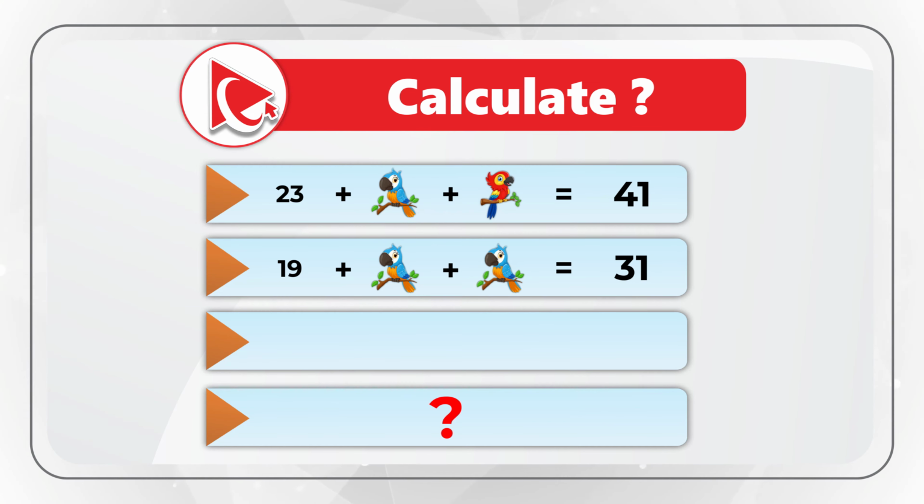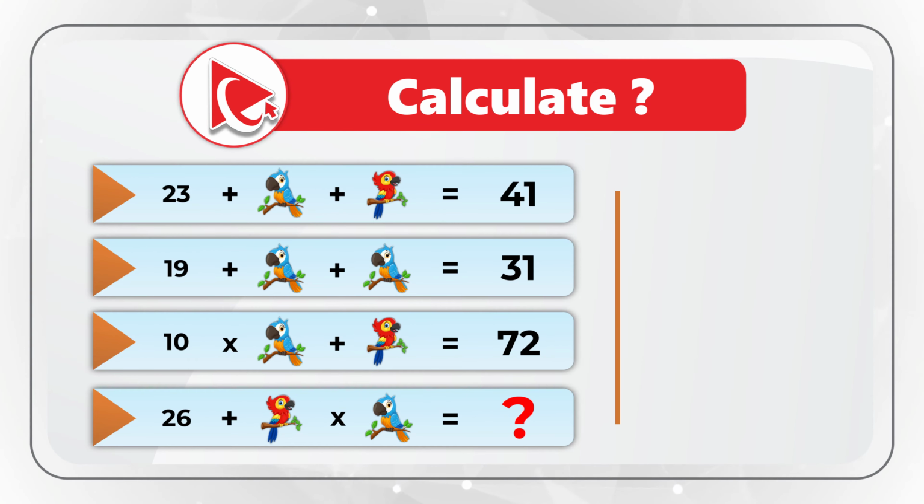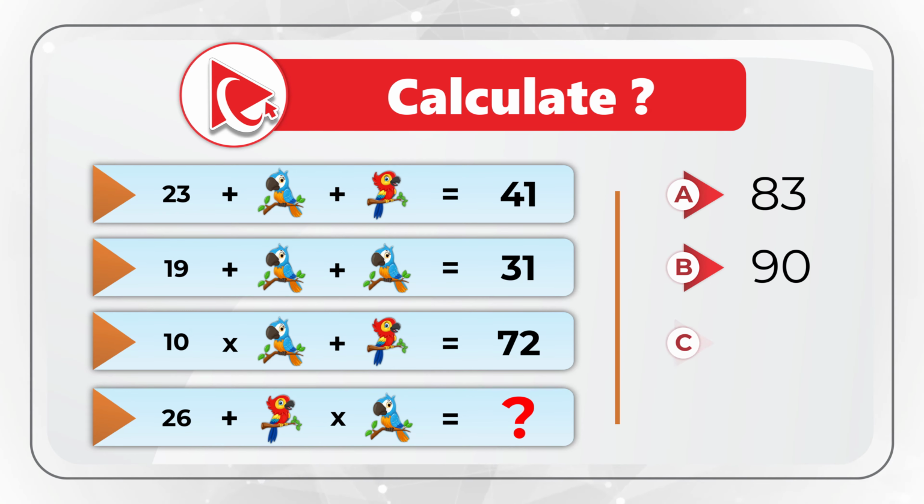Third equation is 10 multiplied by blue parrot plus red parrot equals 72. And last but not least expression is 26 plus red parrot multiplied by blue parrot equals missing value. You need to select missing value out of 4 possible choices. Choices A, 83, choice B, 90, choice C, 98, and choice D, 107.